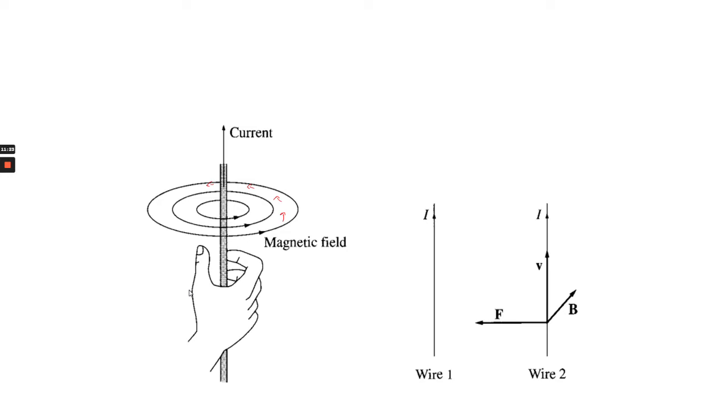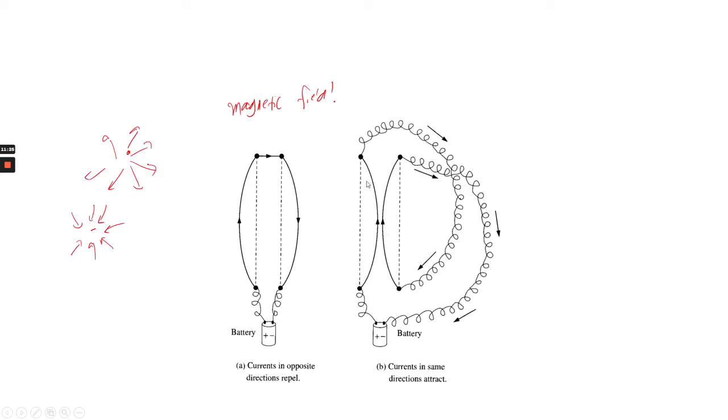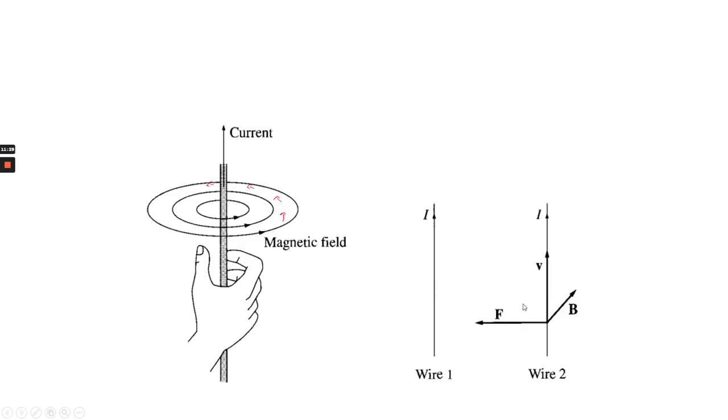As what we've seen in the previous example in this figure, if you have wire 1, you have current flowing up, and in wire 2, we have the same current flowing upward in the same direction.